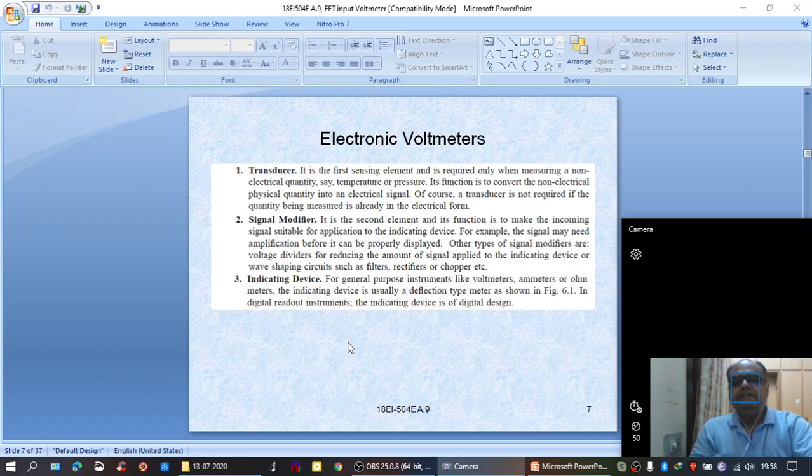In digital readouts, the indicating device is in the form of digital circuitry, say a 7-segment display or dot matrix display, and of course LED display, LCD display.